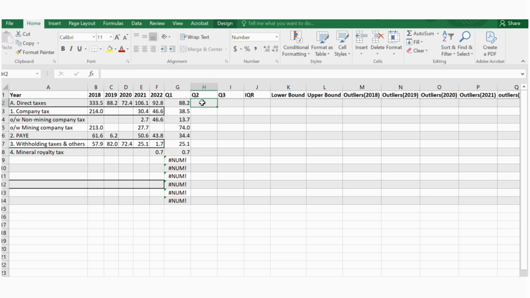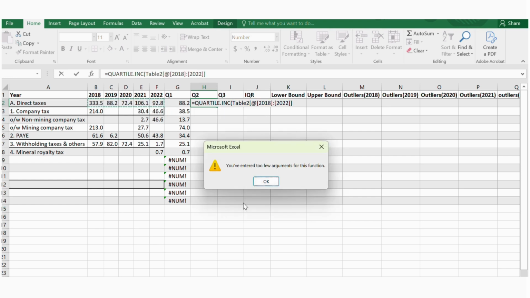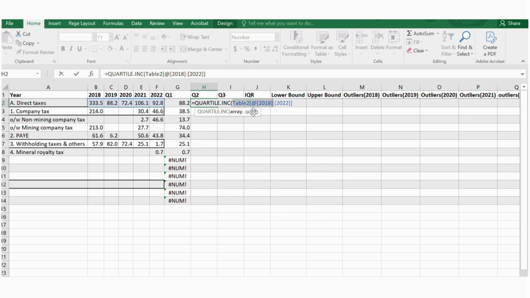So quartile 2 is going to be equal to QUARTILE.INC, since we're still looking at direct taxes 2018 to 2022. Oh, sorry, I just missed one thing in my formula, so let me start it all over again.